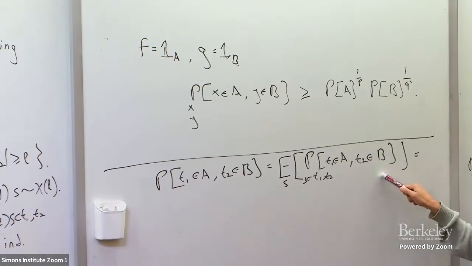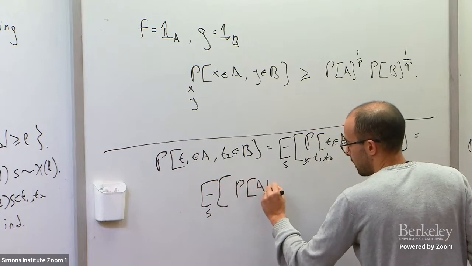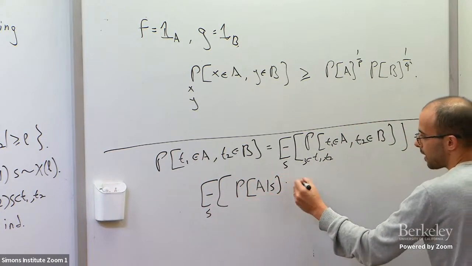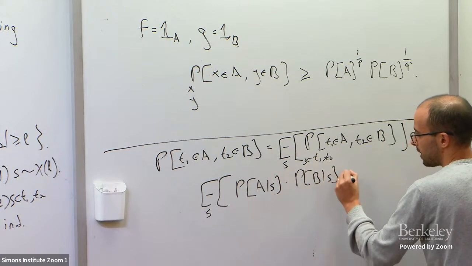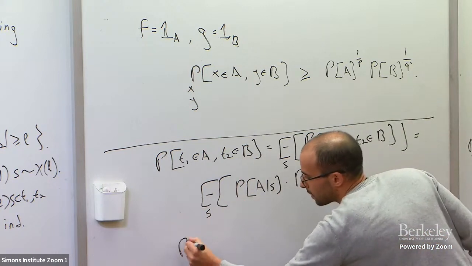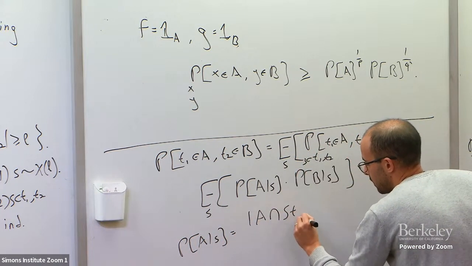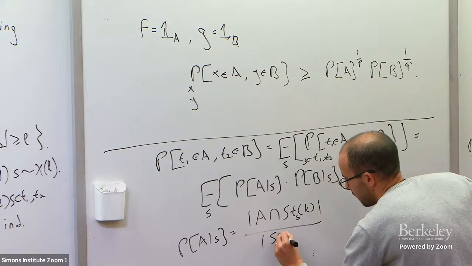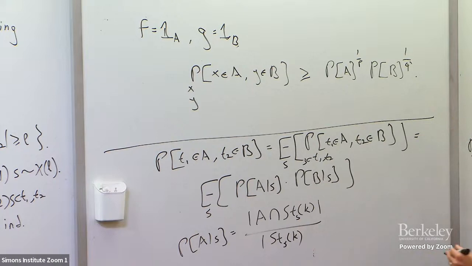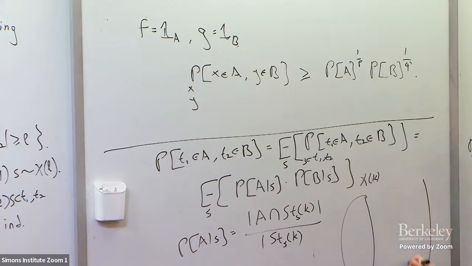But because these things are independent, this is really the expectation over S of the probability over the relative size of A and the relative size of B inside the star of S. So the picture should be, or maybe I will just decrypt this notation: P of A given S is A intersect the K star of S divided by the K star of S. Pictorially, we have X_k on one side, we have X_l on the other side, and we look at this containment neighborhood, or this containment graph.